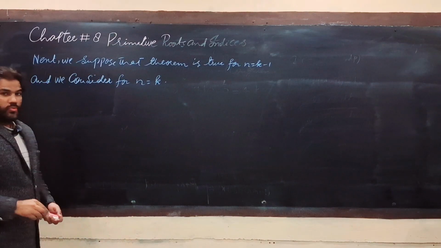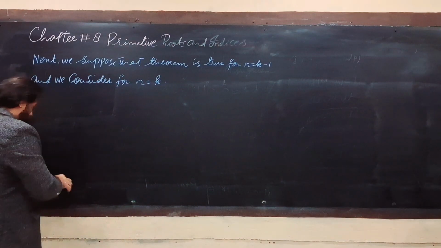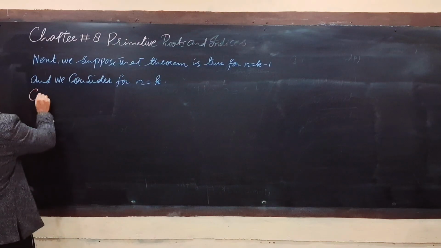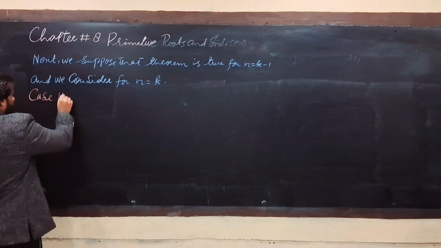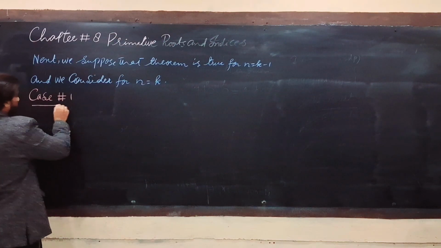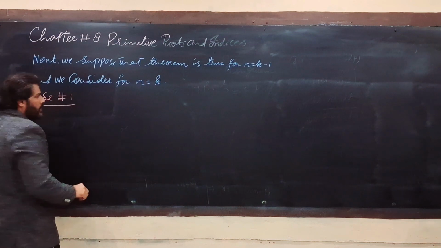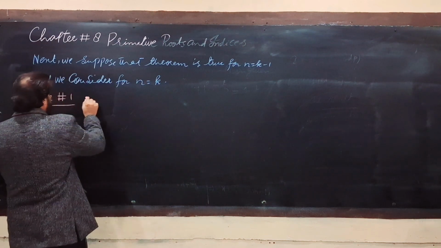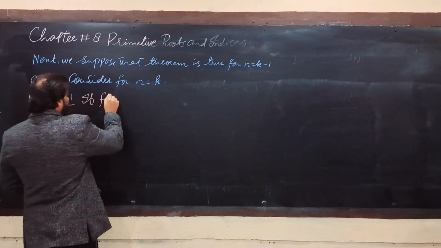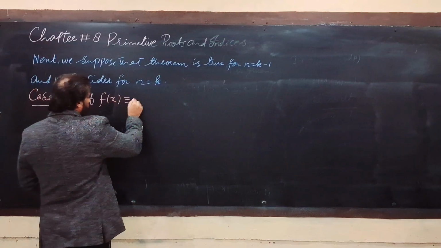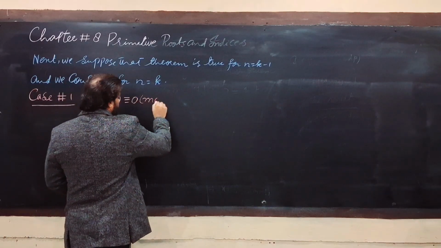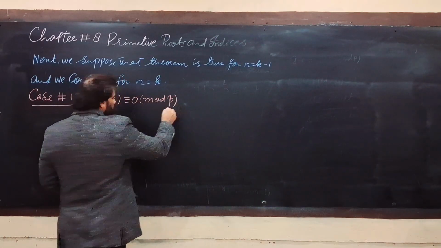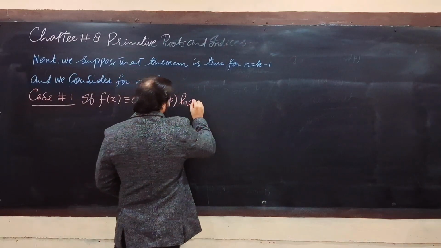So here we will discuss two cases. Case number 1: if f(x) congruent to 0 modulo prime p has no solution.